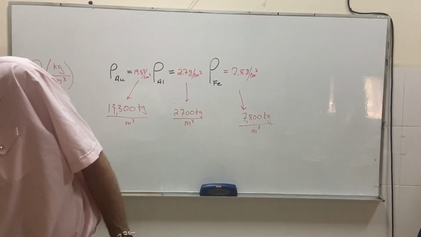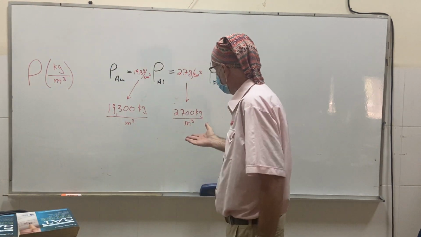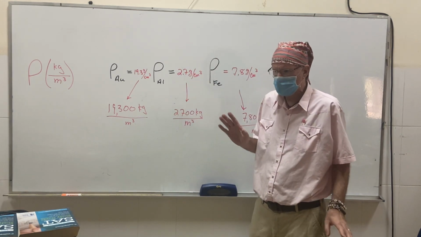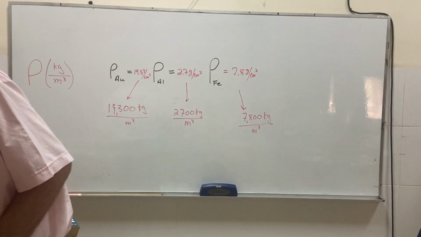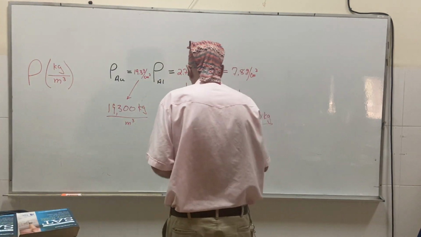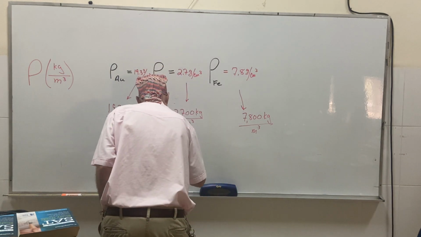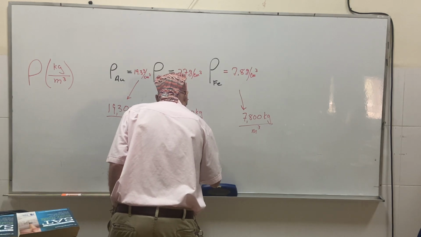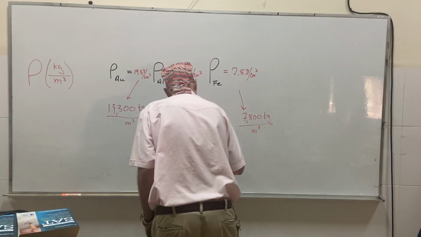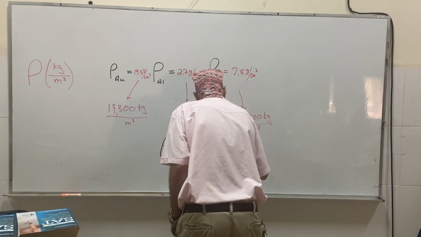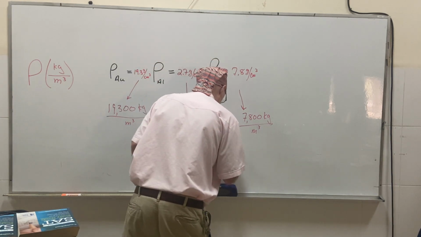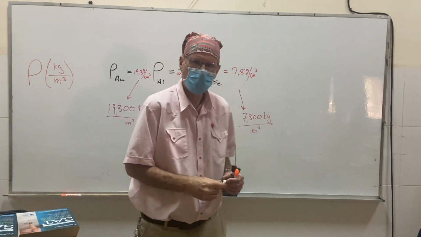Okay, you ready? Here are the densities. You can see that aluminum is least dense. Now remember, just for your own edification, density of water. Can you see that?